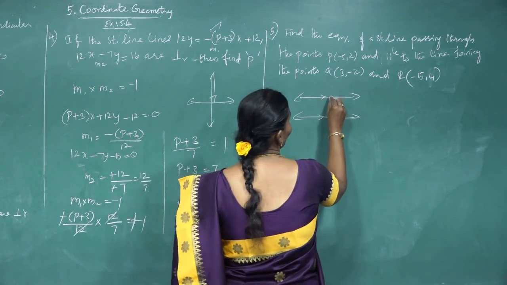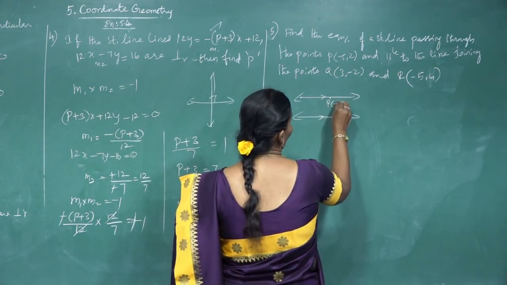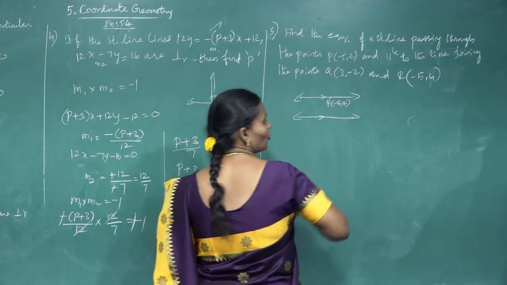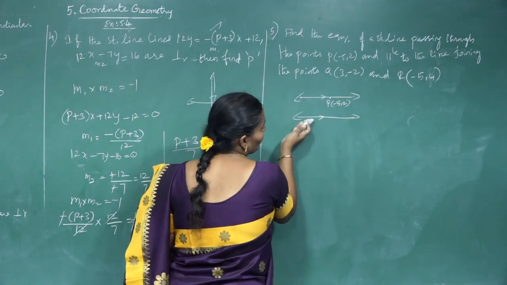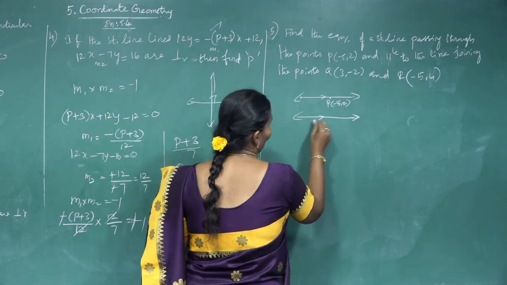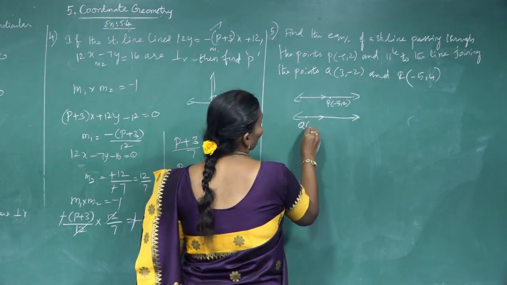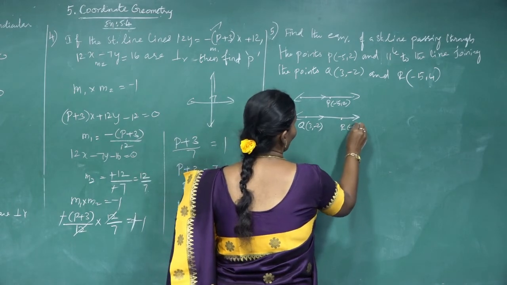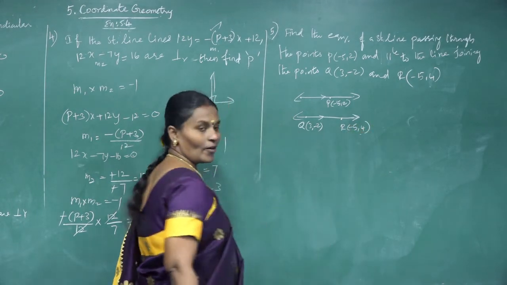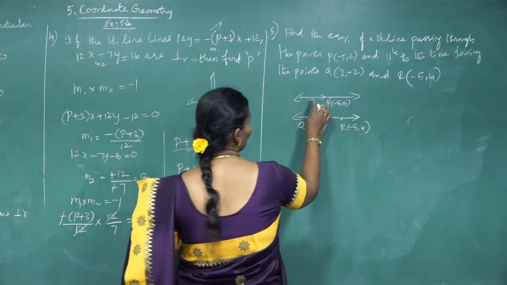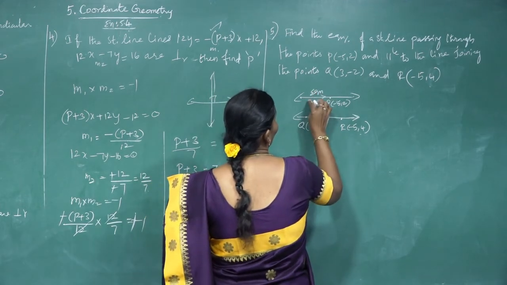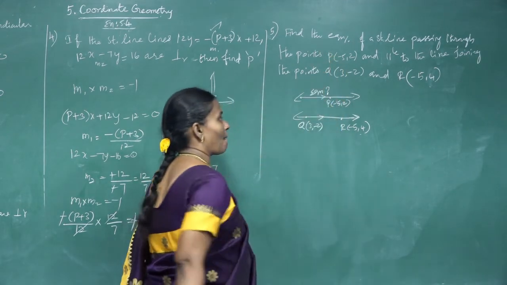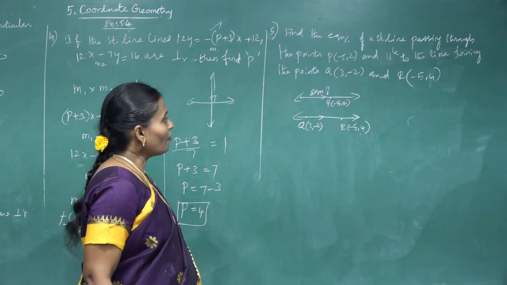This line is passing through the point P of minus 5 comma 2. This is parallel to the line passing through the points Q of 3 comma minus 2 and R of minus 5 comma 4. Understand, children? You have to find this line equation.